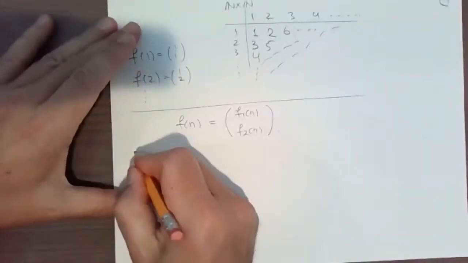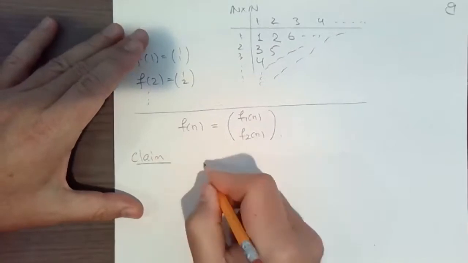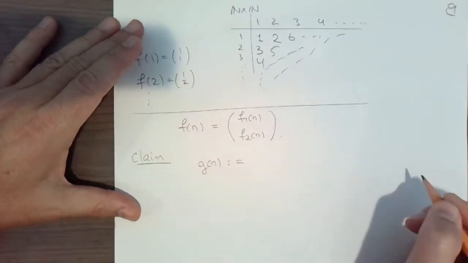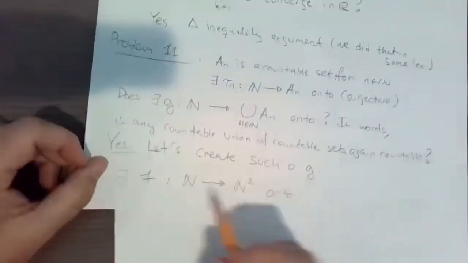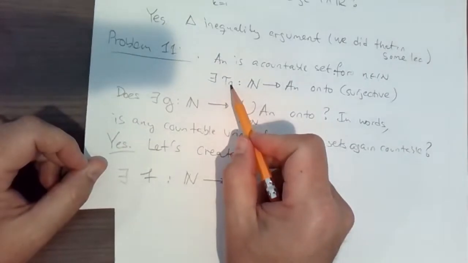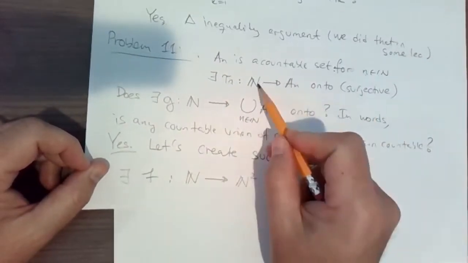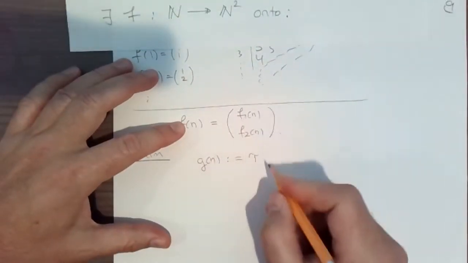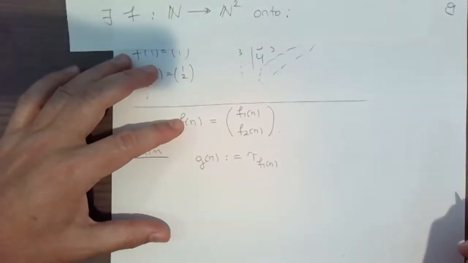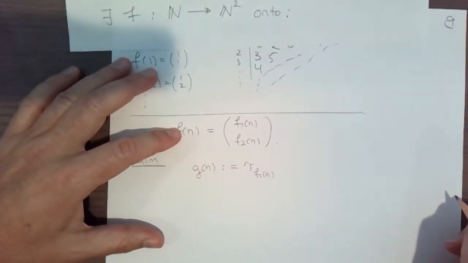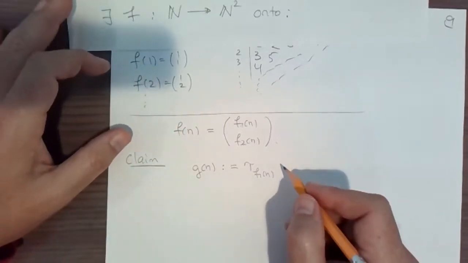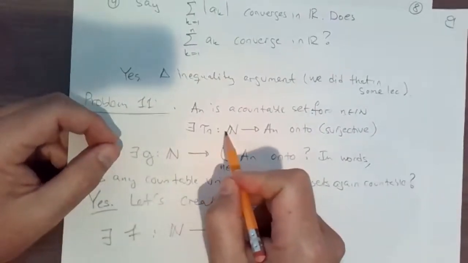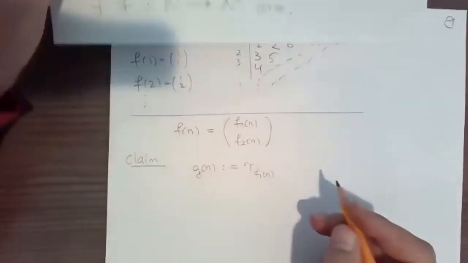So the claim is that when I evaluate g at a point n, the way I'm going to do it is this. I have my taus, the ones that are surjective from N into A_n. I'm going to take tau and put in the first coordinate, f1, as the index. Tau n is a function, so for each n I get a function, and I need to evaluate it at a natural number.